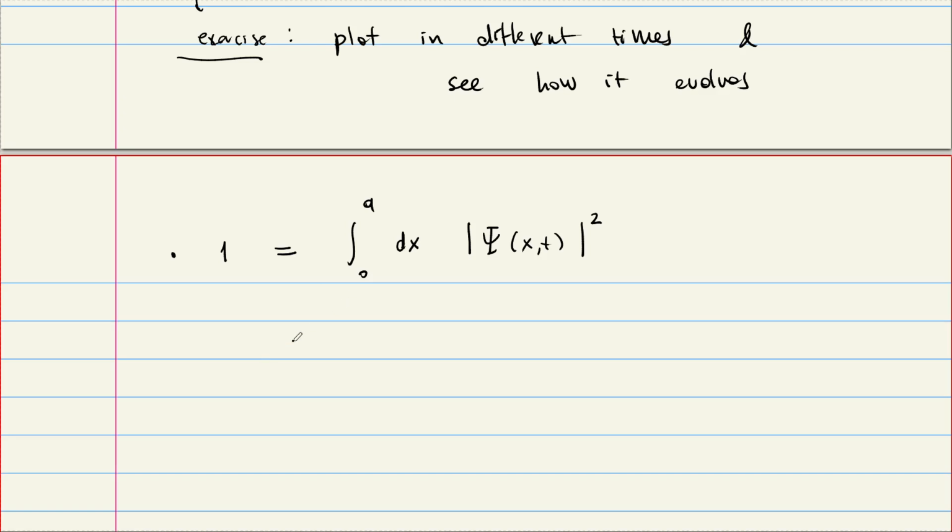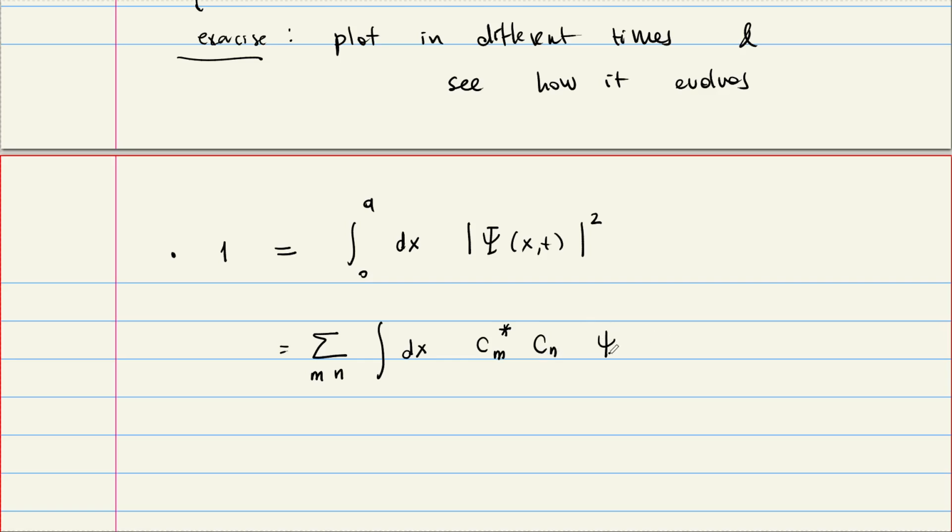At the end there will be a sum for psi star, another sum for psi, and there will be some integral dx, right? So this is Cm star Cn.